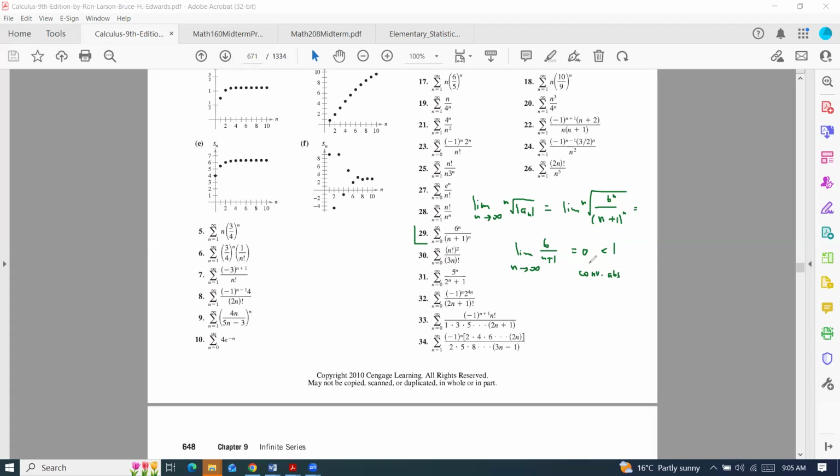But we say it's convergent absolutely, so it means it's really convergent. And what's convergent? This series is convergent, not that limit. That one is 0, right? So it's the series that we have here that is convergent absolutely. What it is convergent to, we don't know.